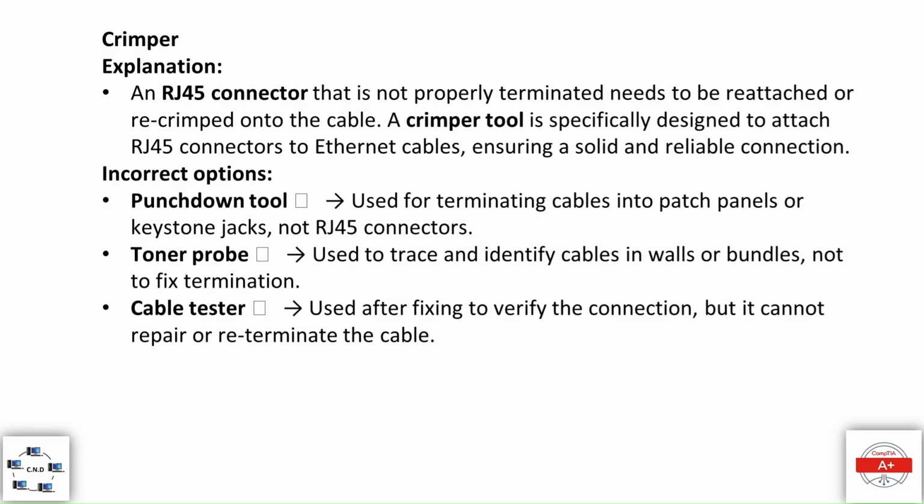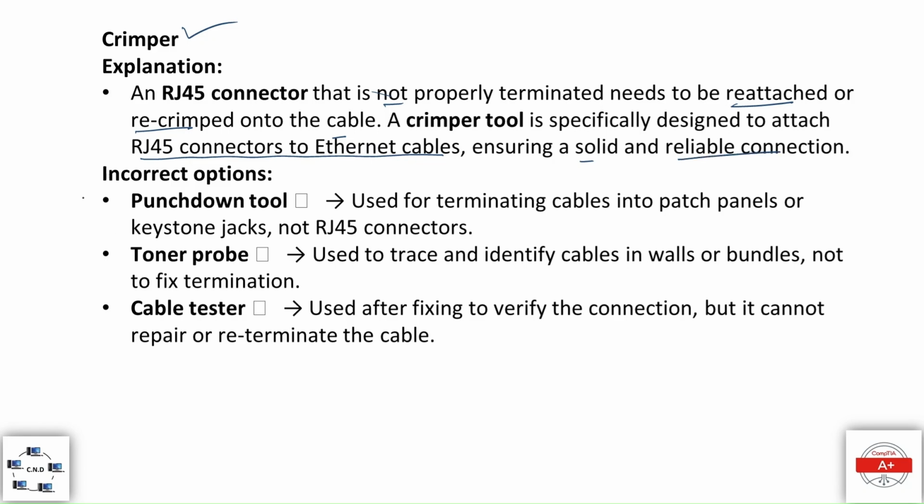So what is the crimper? An RJ45 connector that is not properly terminated needs to be reattached or re-crimped onto the cable, and this is done through the crimper tool. A crimper tool is specifically designed to attach RJ45 connectors to Ethernet cables, ensuring a solid and reliable connection.